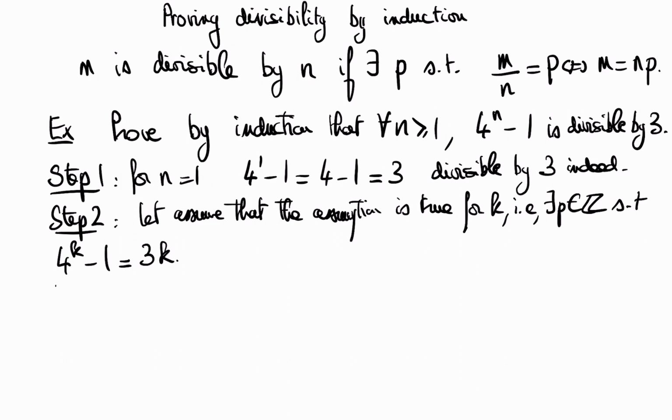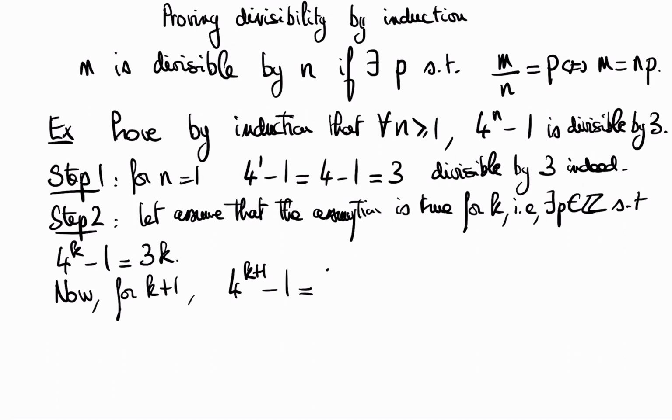Now, for k plus 1, so 4 power of k plus 1 minus 1 is equal to, well, so we need to use our assumption. How can I fit that into this expression?